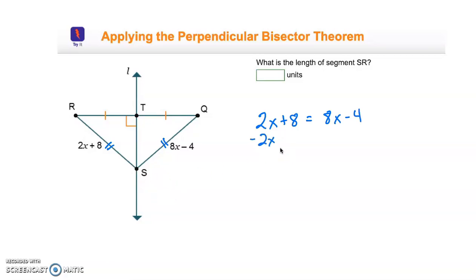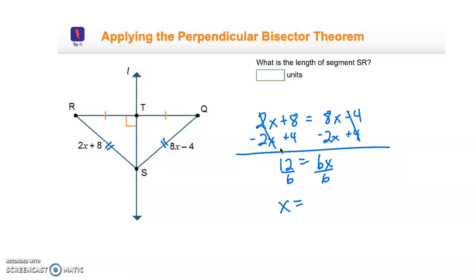So we're going to subtract 2x from both sides and add 4 to both sides because I'm trying to get the constant on one side and the variable on the other. And I divide by 6 and I get x equals 2. So if we substitute that in, 2 times 2 is 4, 4 plus 8 is 12, and 8 times 2 is 16, 16 minus 4 is 12. So those are equal.